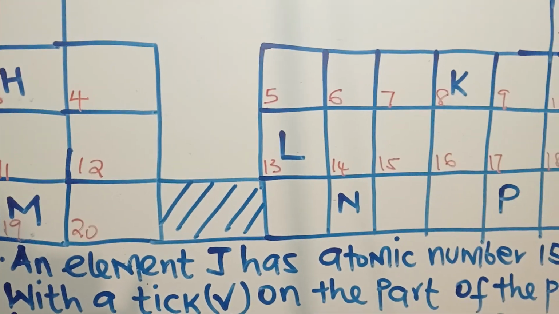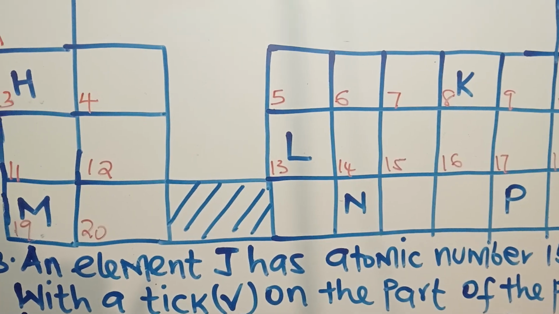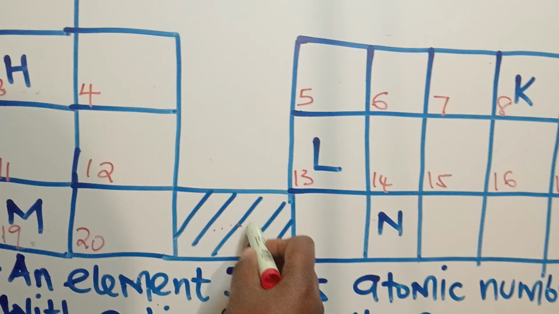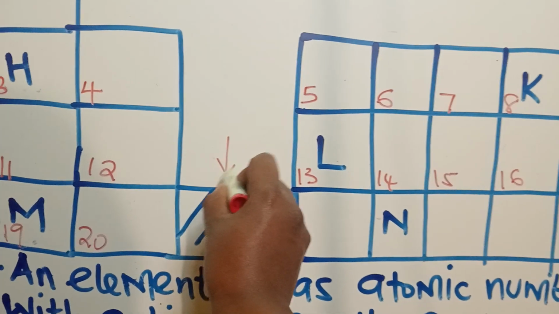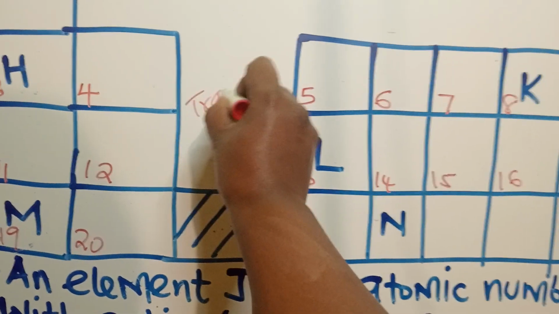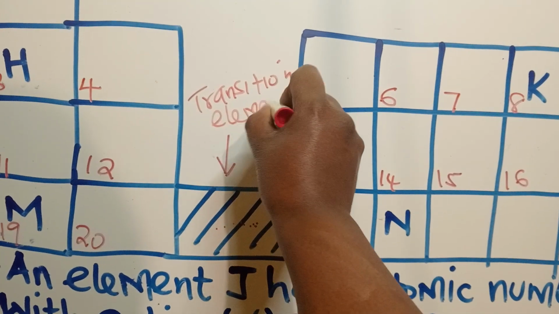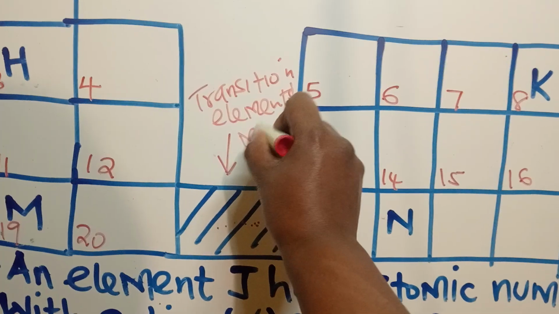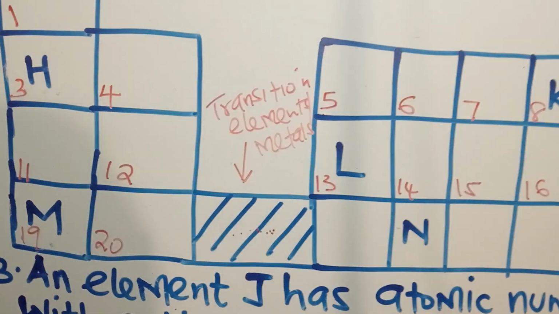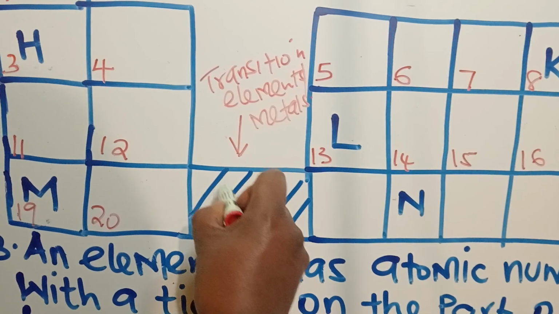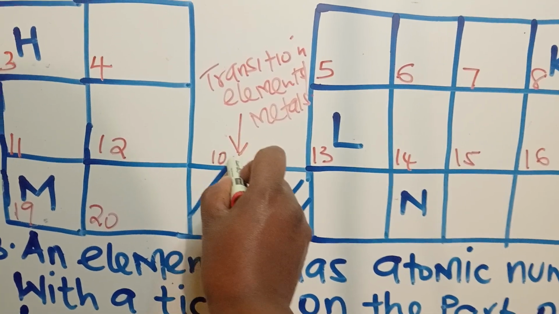If you watched our previous video, you will learn that in between here, on this area that is shaded, we say that this contains the transition elements, or the transition metals. We also said that this space is usually divided into 10 columns.